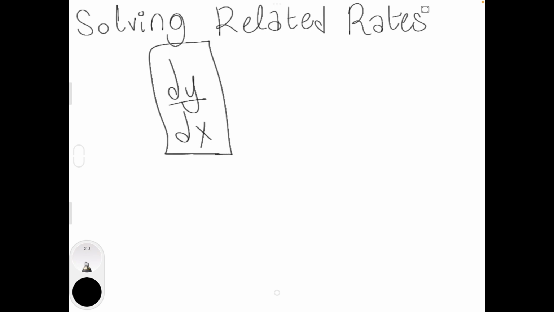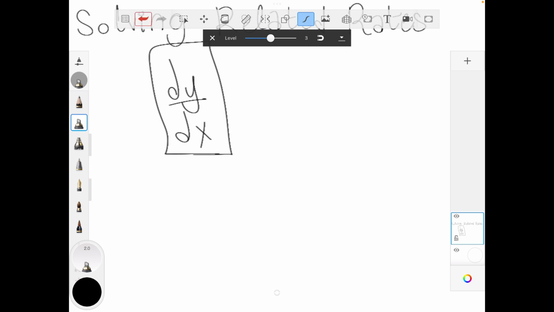Then when we differentiated using implicit differentiation, we had something that looked like dy over dx when we had y variables. So that is differentiating with respect to x when you had a y. Now we are differentiating with respect to time.